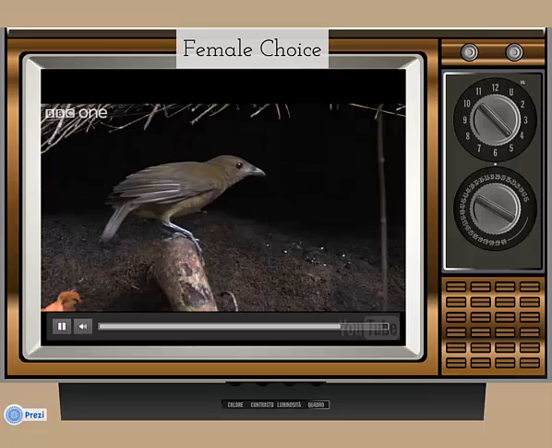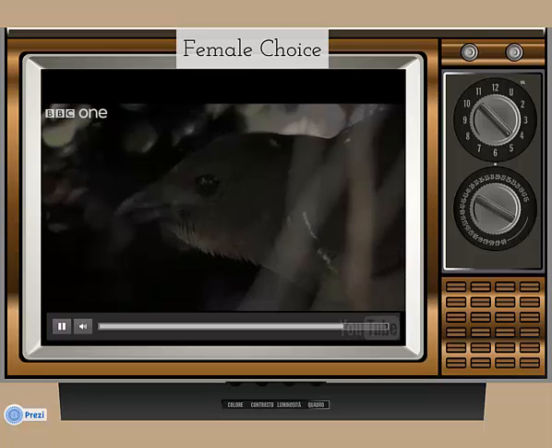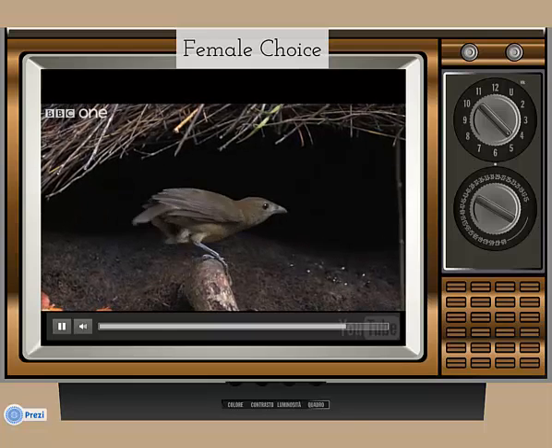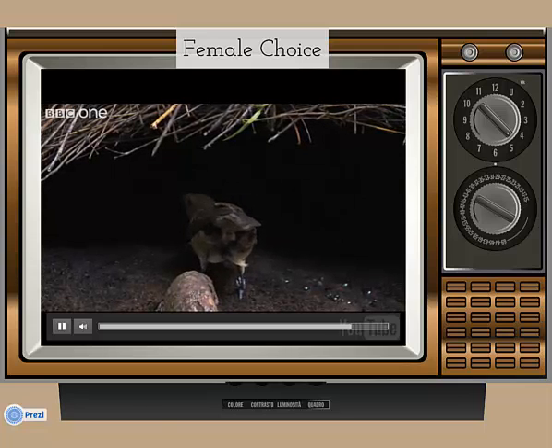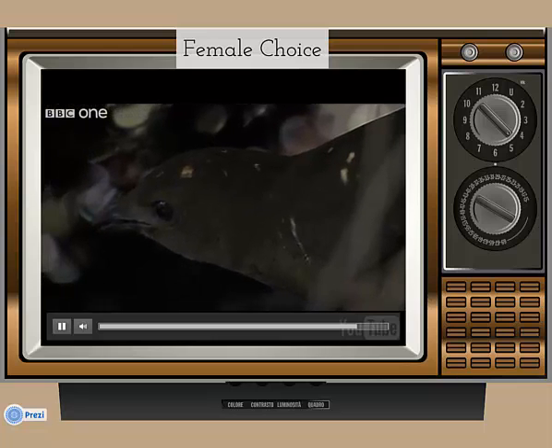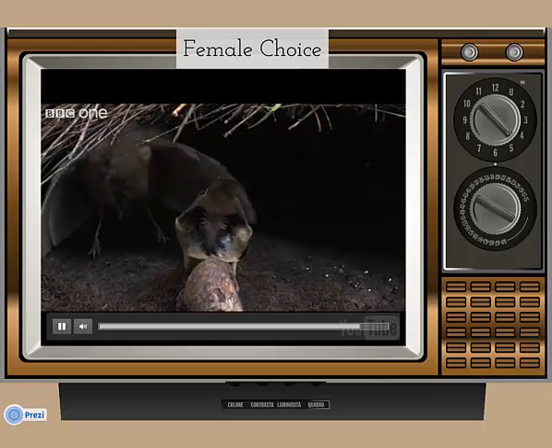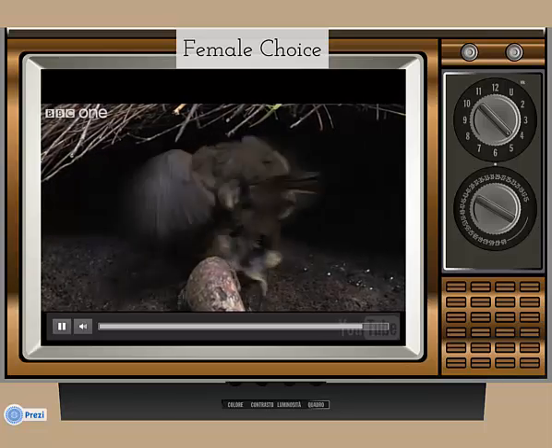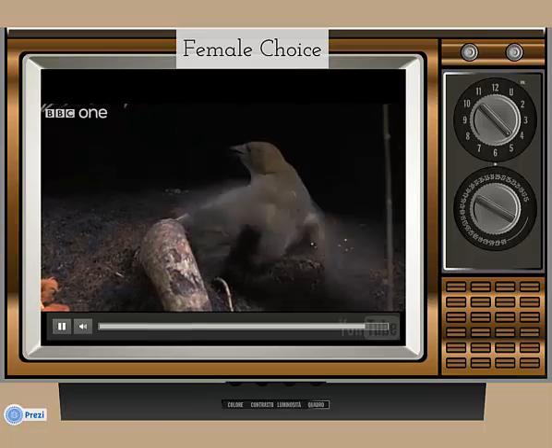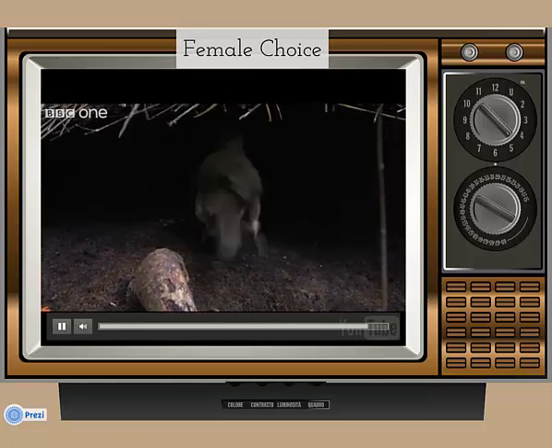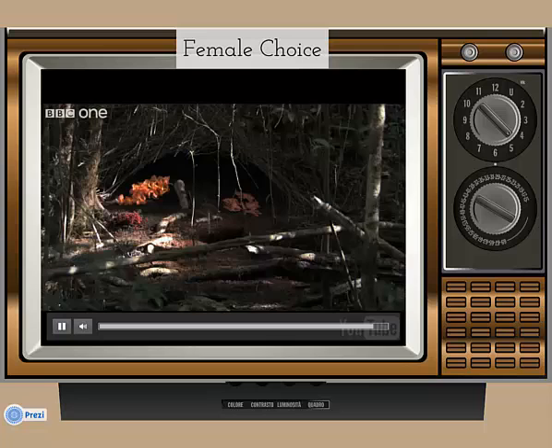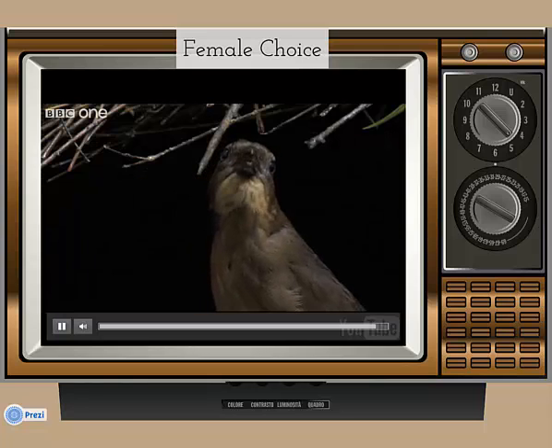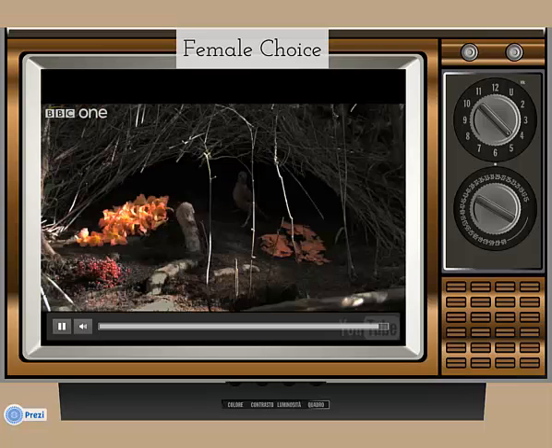Final check. All is to her liking. Few birds devote such craft, effort, and ingenuity to achieve this life-defining moment.